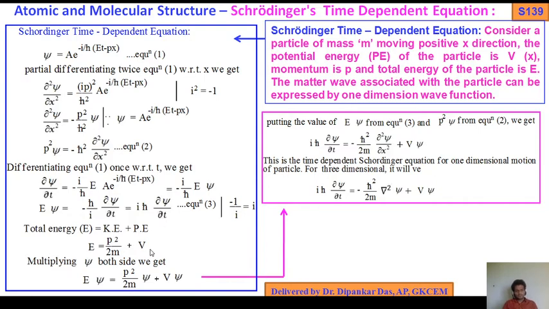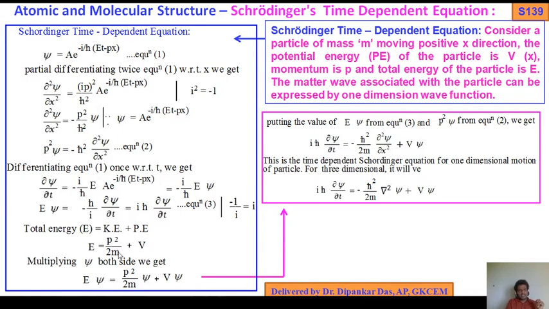Now we know total energy of a particle E is the sum of kinetic energy and potential energy. We know kinetic energy is half m v square, but here we can write it as p square by twice m, as we have already seen in the Schrodinger time independent equation.